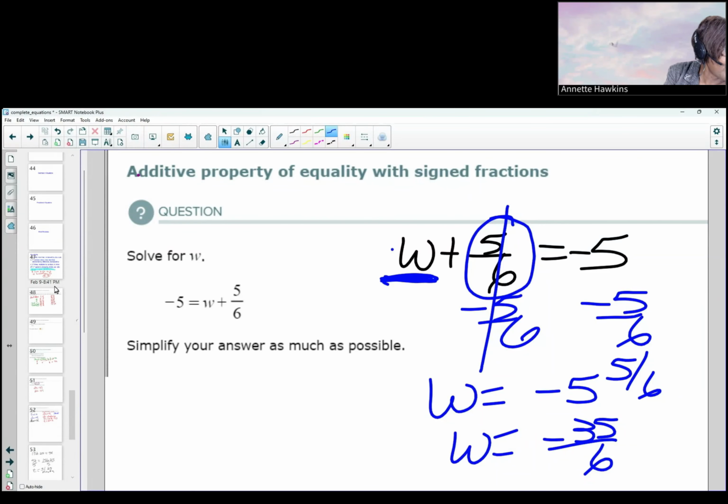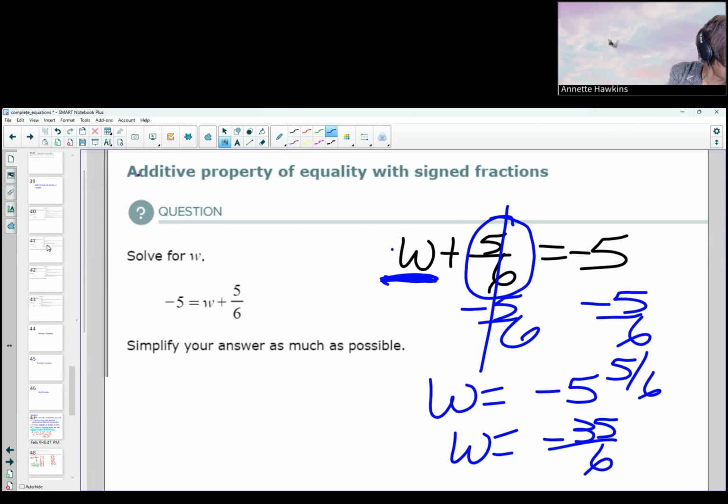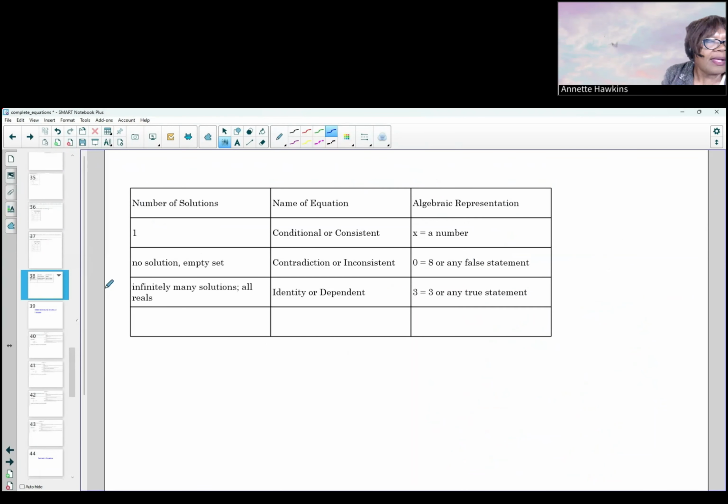Okay, here we go. We could have no solution, which is also the empty set, and is called a contradiction or an inconsistent system of equations.